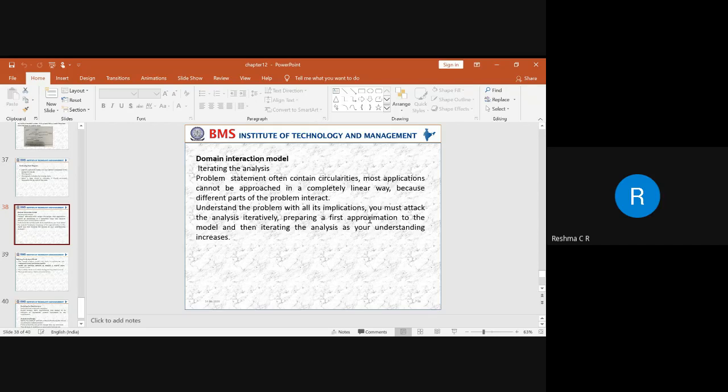You need to have a revision of this analysis. For that, whatever analysis we have, we need to make a proper approximation. Then we iterate the analysis to understand the increasing level of the problem statement.